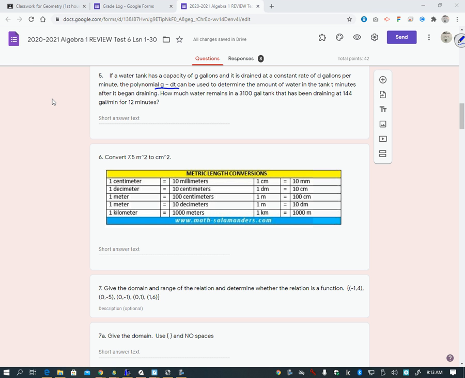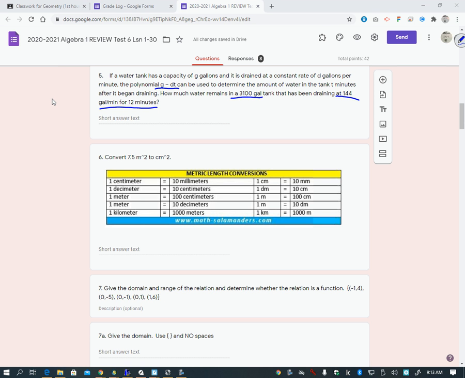T minutes after it begins draining, how much water remains in a 3,100 gallon tank that has been draining at 144 gallons per minute for 12 minutes. All I have to do is take those numbers and substitute them in for the right variables. All the work has been done. All I have to do is substitute. Okay?